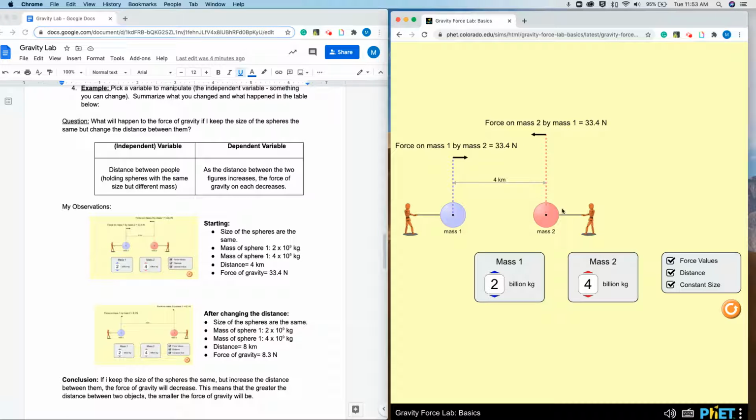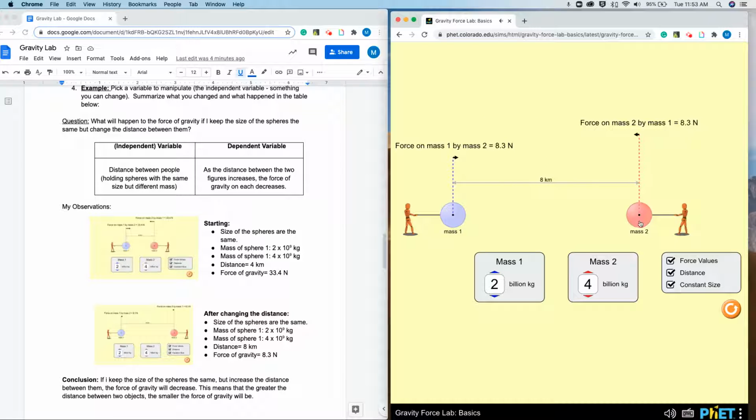The next thing I'm going to do is move this to 8 kilometers, and I'm going to make note of what's changed. I started off with my force of gravity being 33.4 newtons, and now it's gone down to 8.3 newtons when I move the spheres to 8 kilometers apart.